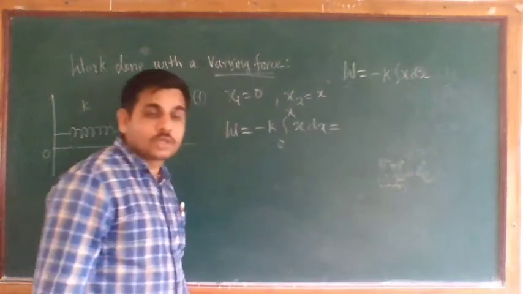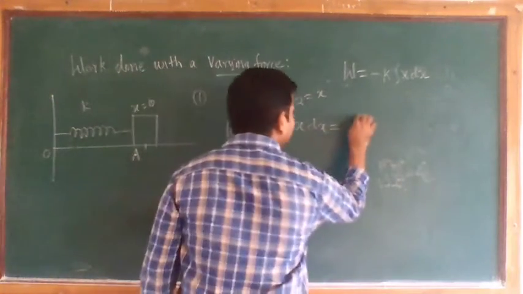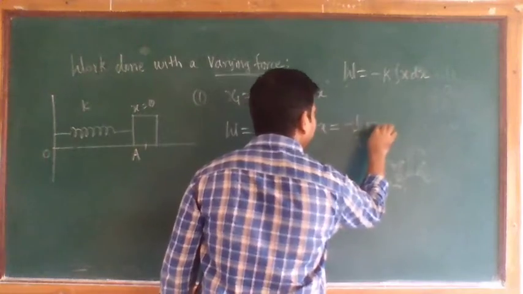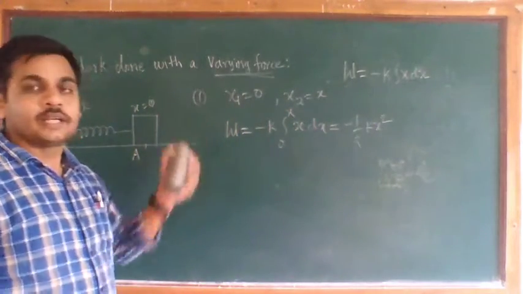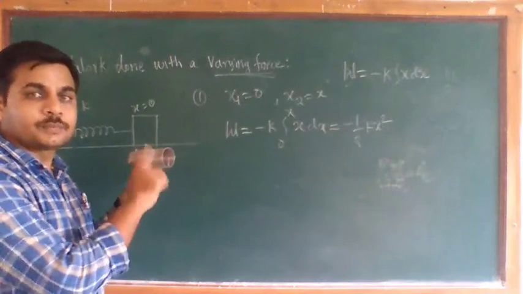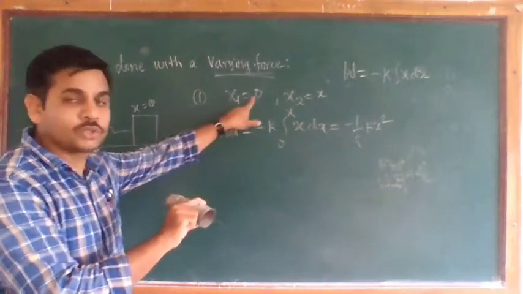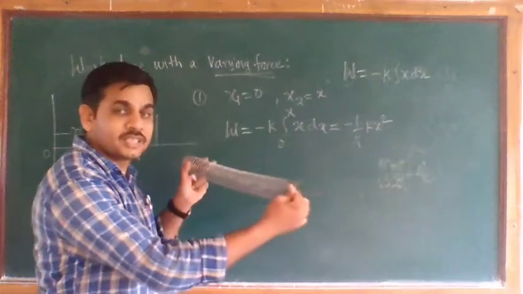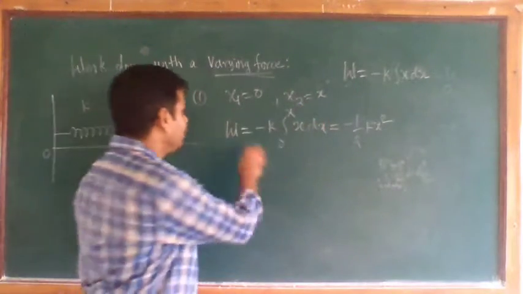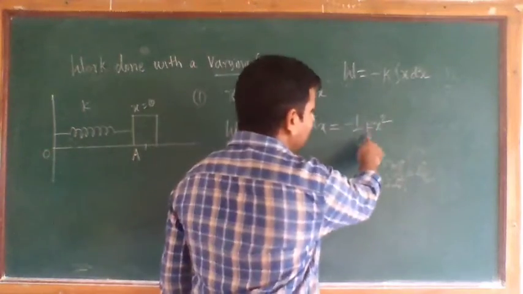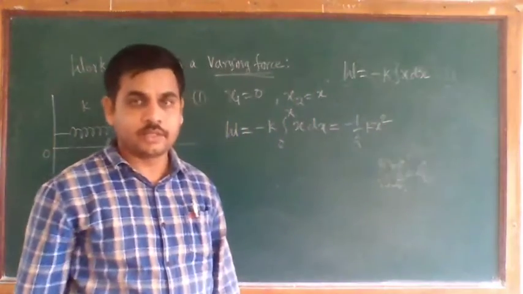So the total work done will be minus 1/2 kx square. In the first case, initially the spring is in the natural condition, so x1 is equal to 0. If you stretch this spring, then x2 is equal to x. Then the total work done will be minus 1/2 kx square.